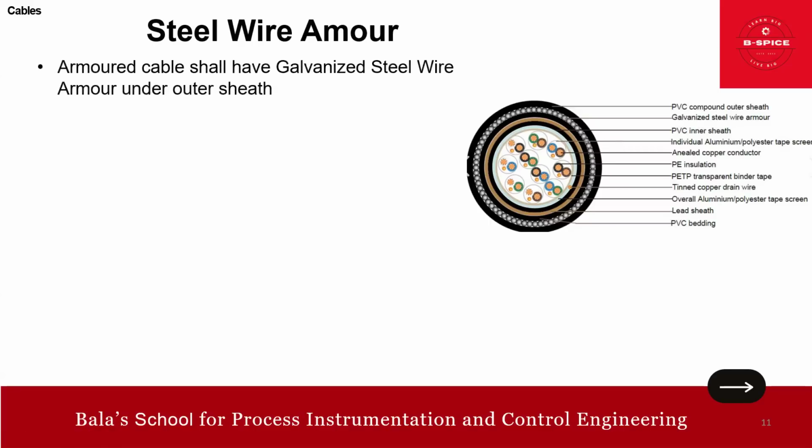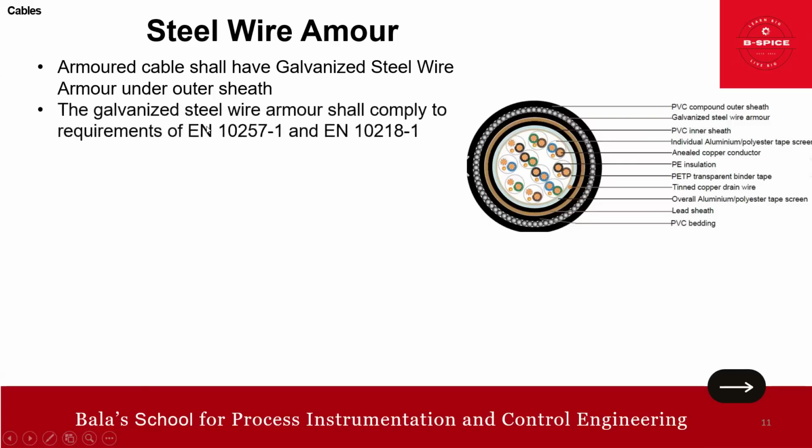Then steel wire armor. The armor shall have galvanized steel wire, under the outer sheath. The galvanized steel wire armor shall comply with the requirements of EN 10257 part 1 and EN 10218 part 1.